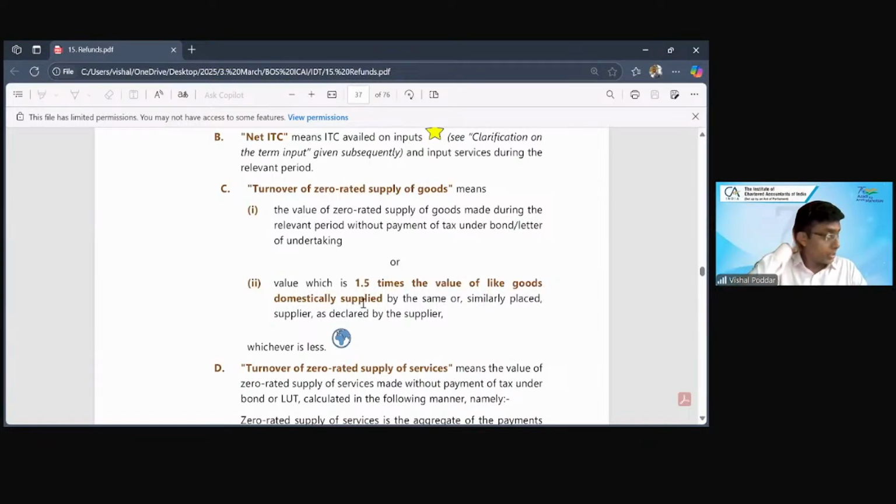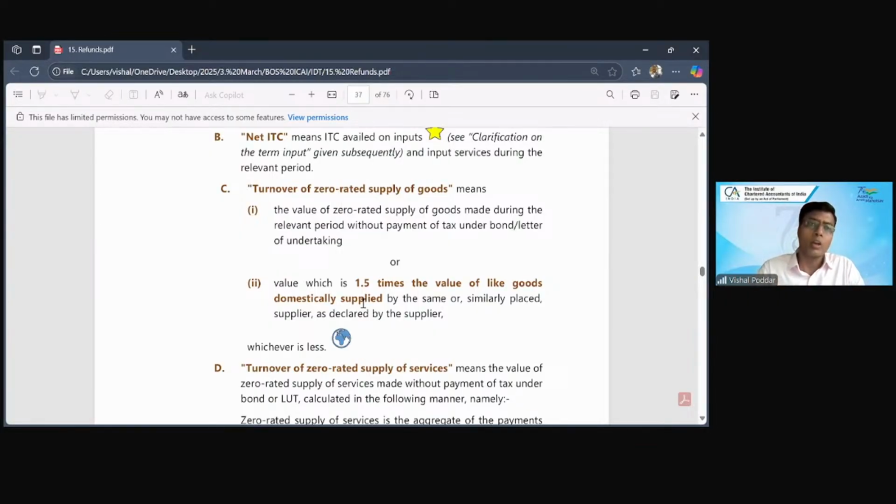Why? The reason is the government found that some unscrupulous exporters, in order to avail a wrong refund, or I will say a refund which is not legally available to them, though they have made an export, the export is of only rupees 100, but they have inflated the value of export to make it rupees 1000.